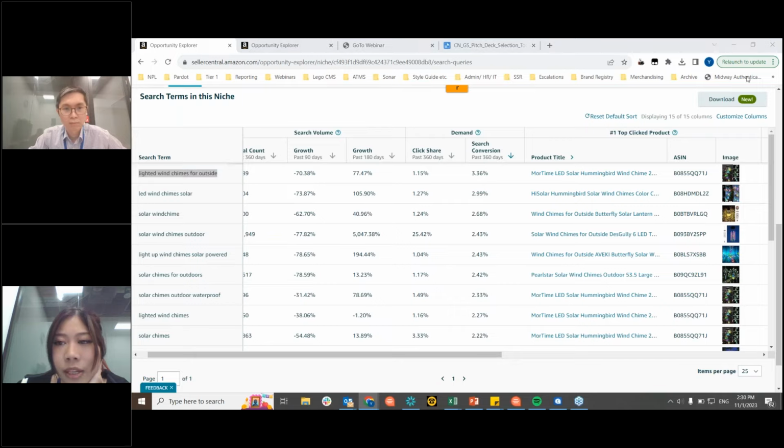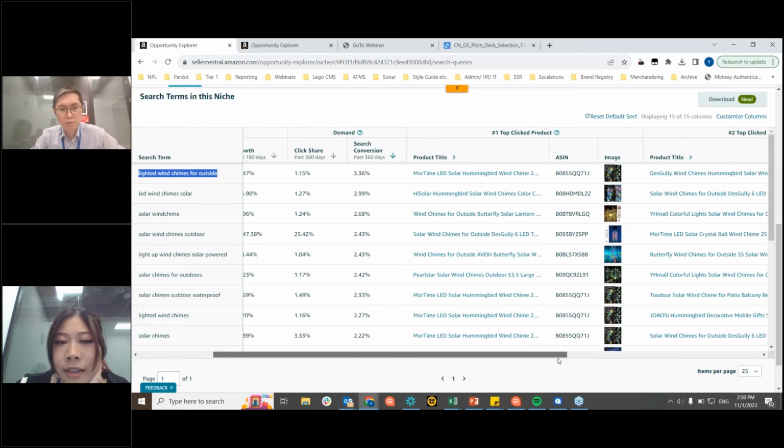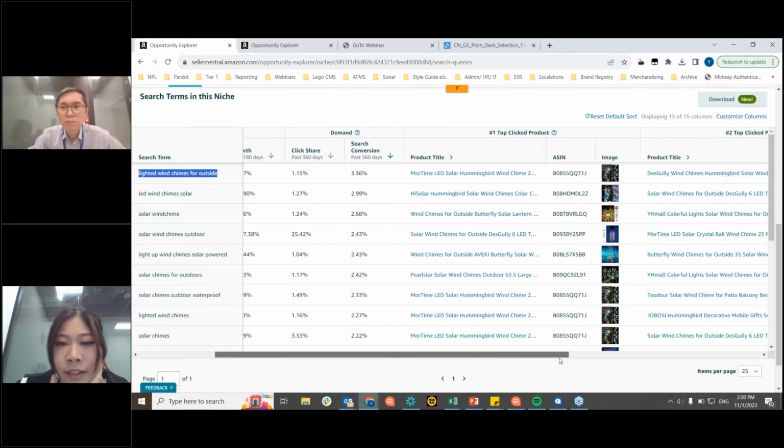Okay, so this is the next one. The last one would be the top click products. We have this thing called product targeting in sponsored product advertising as well. So let's say you want to do product targeting, that means you want your product to appear on your competitor's listing so that it can divert the traffic and the sales away, right? So which competitor should you run on?